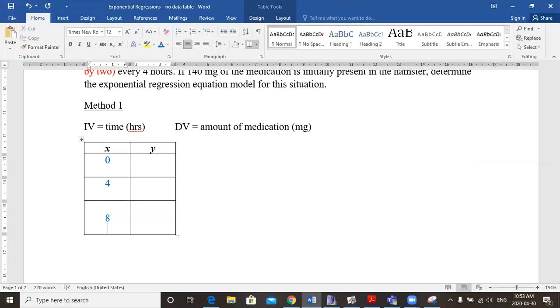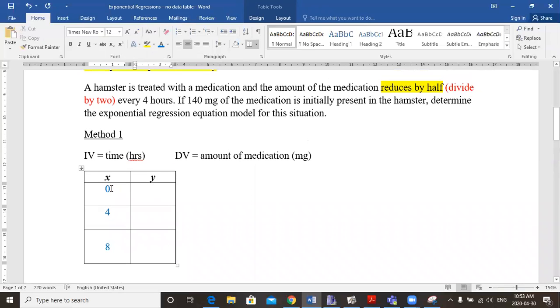What's the initial value of medication at 0 hours? 140 milligrams. That's our first data point. Now it reduces by half.